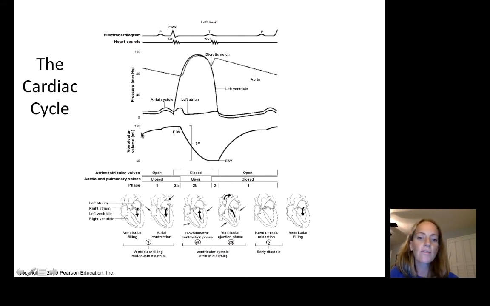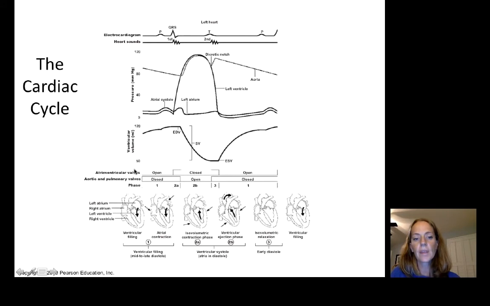You can also follow the volume. So at the end of atrial contraction, you reach your maximum volume of your ventricles, which is your EDV. At the end of ventricular contraction, you've ejected all the blood out, all of your stroke volume out, and you reach your end systolic volume. Then everything starts to refill, and the volume goes back until you hit another cycle.